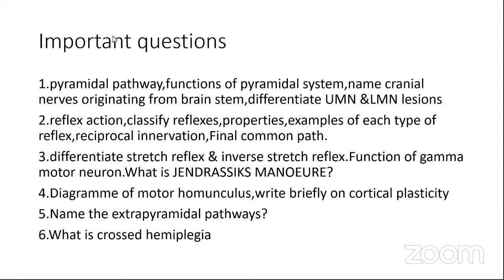Next is diagram of motor homunculus and write briefly on cortical plasticity. So about cortical plasticity, you have to refer a little bit. I have not mentioned much, and you prepare notes on this.